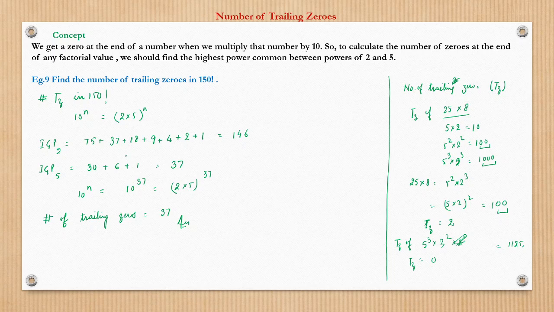So we should only find the power of that prime number which we think would be lower, because that will be limiting and that will give the maximum number of 10s which we can have, right?